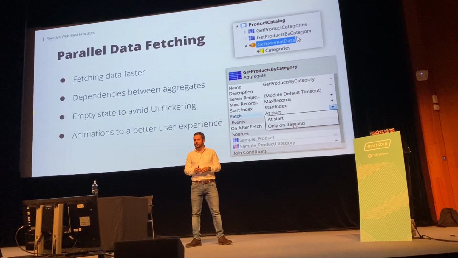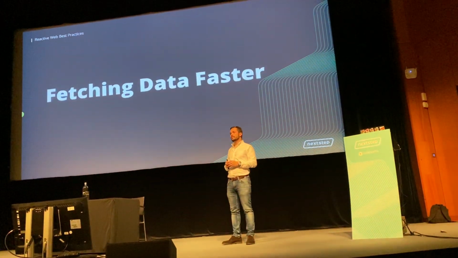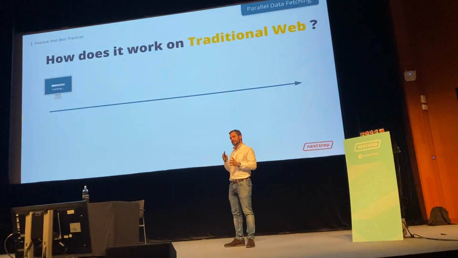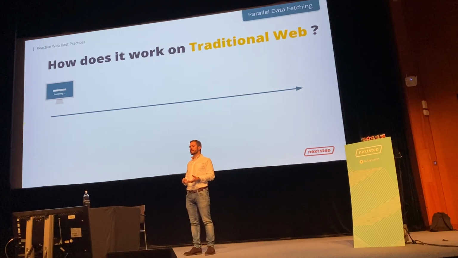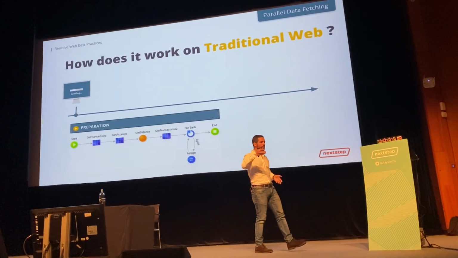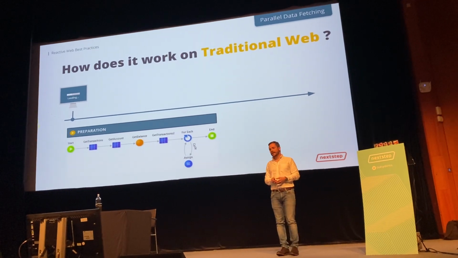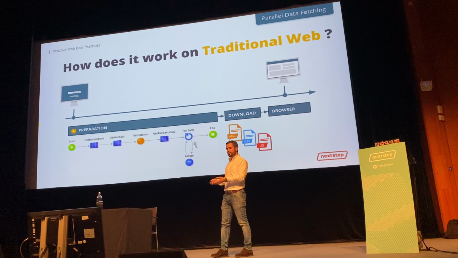In order to talk a bit about parallel data fetching, we'll compare the difference that we had in the past in just small steps. The first step is that we are just loading the web page, and we have a preparation that will run everything in sequence. Only after that do we deliver the content to the end user.